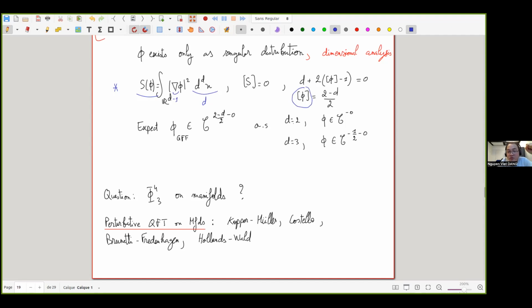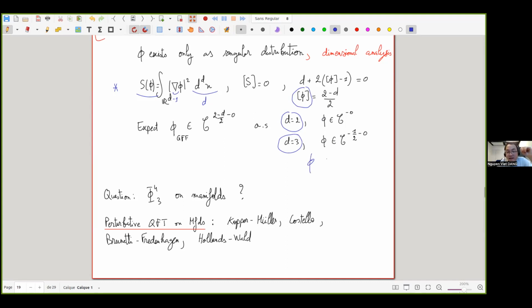So this tells you that in dimension d equals 2, your field phi has no dimension, so you expect it to have Hölder-Sobolev regularity C^(-0). And when d equals 3, phi is an ugly object, and it has regularity -1/2 minus 0.